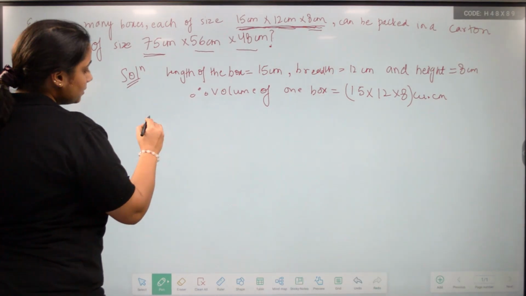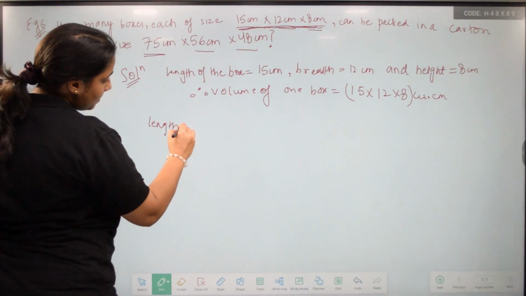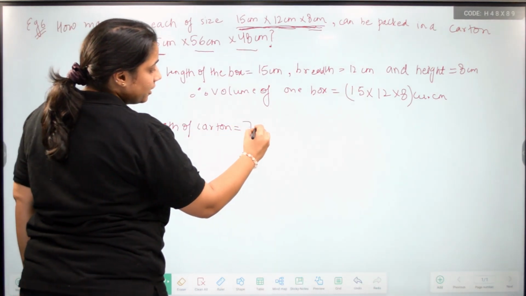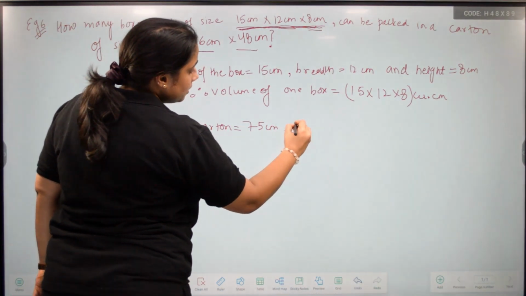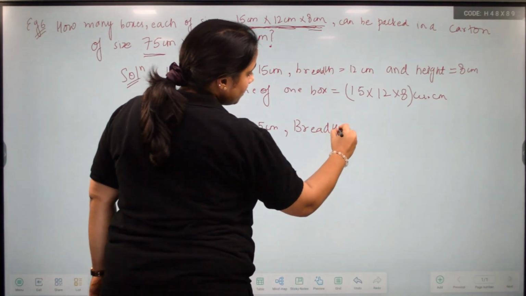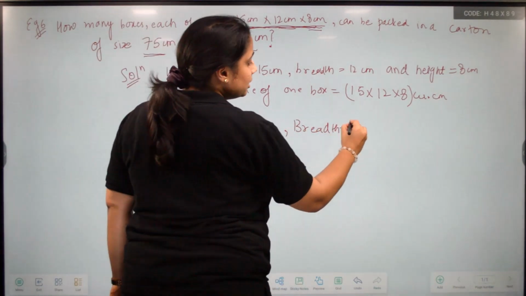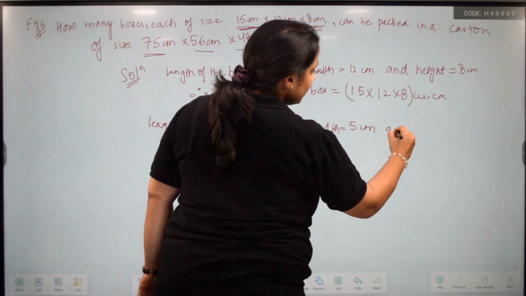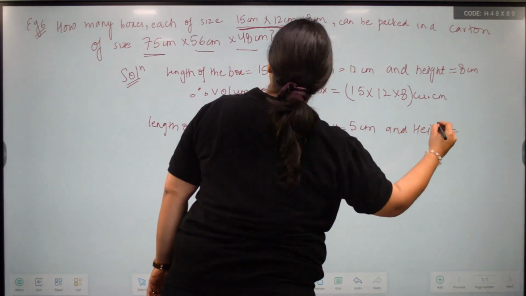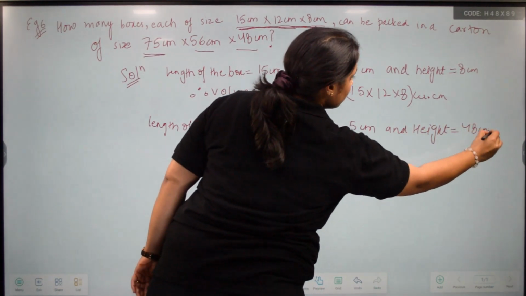We can see that the length of the carton is equal to 75 centimeter. Its breadth is equal to 56 centimeter and its height is equal to 48 centimeter.